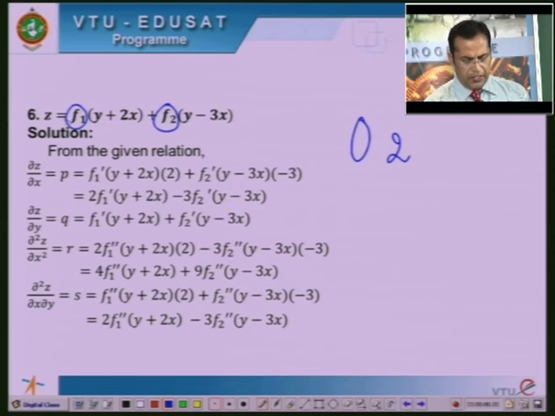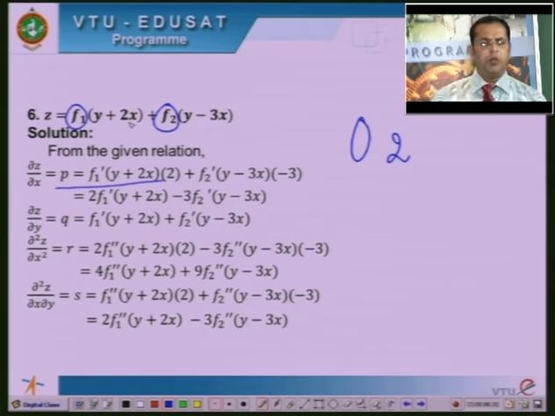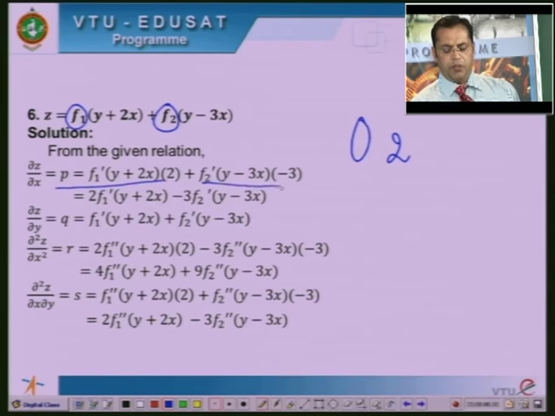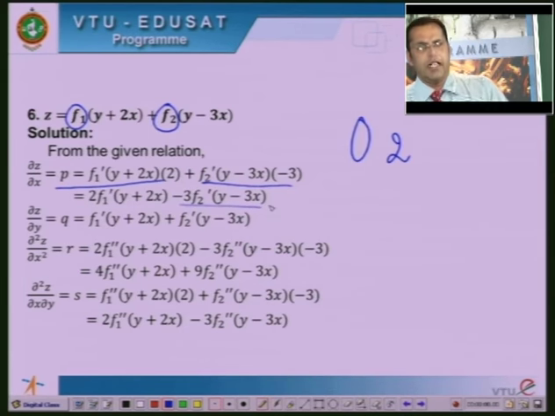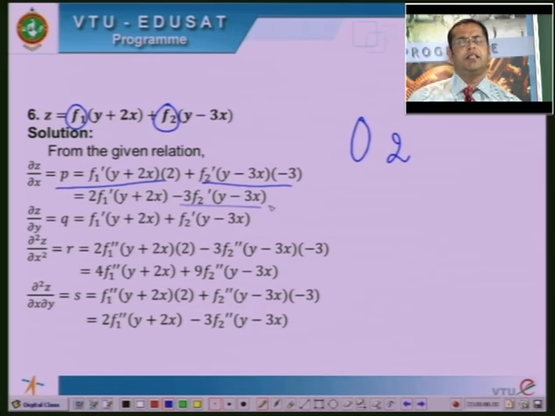So, when you differentiate z with respect to x, p will be f1 of y plus 2x is transformed to f1 dash of y plus 2x into 2 plus f2 dash of y minus 3x into minus 3, which on simplification gives you 2 f1 dash y plus 2x minus 3 f2 dash y minus 3x.